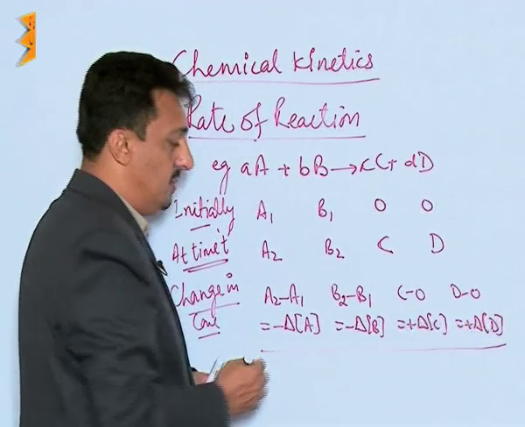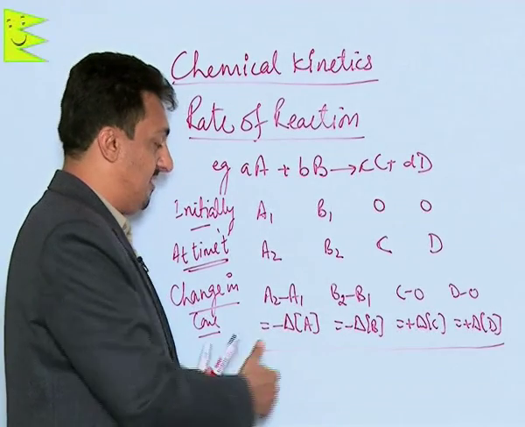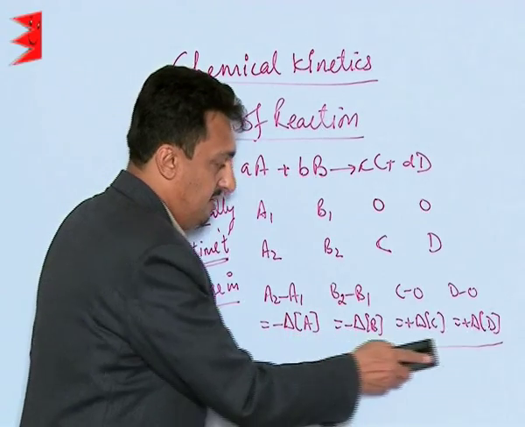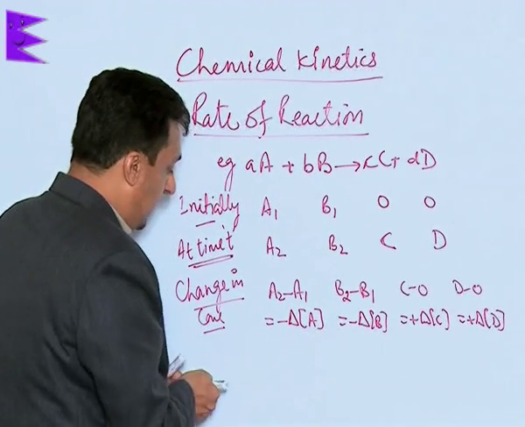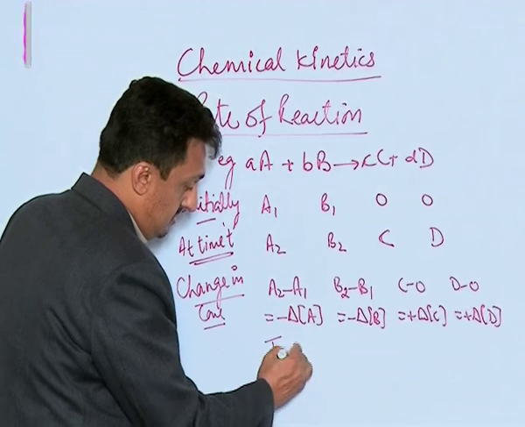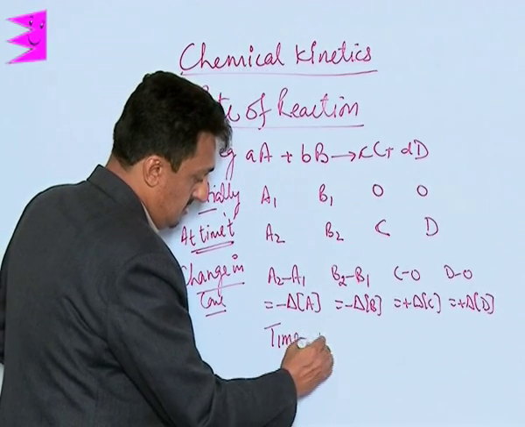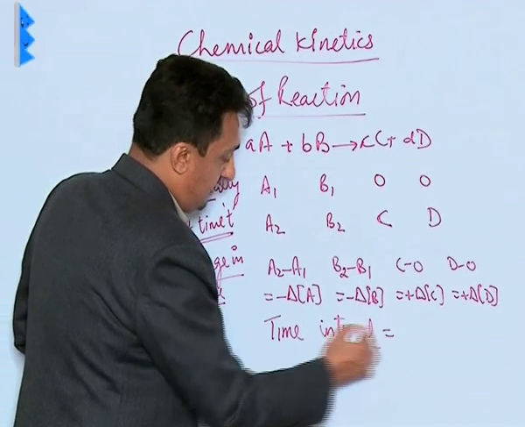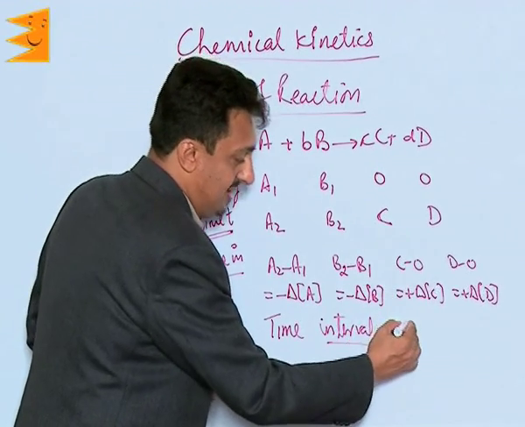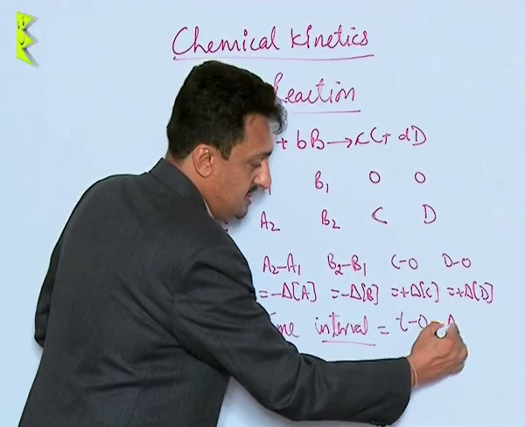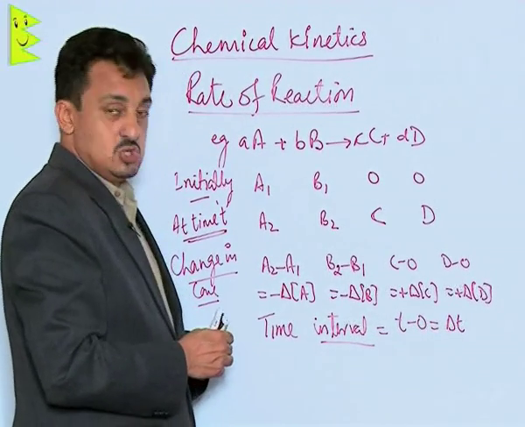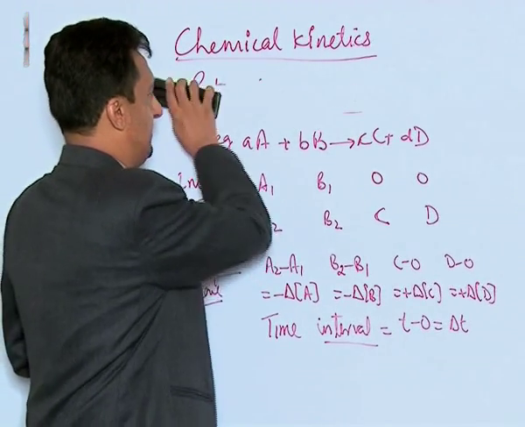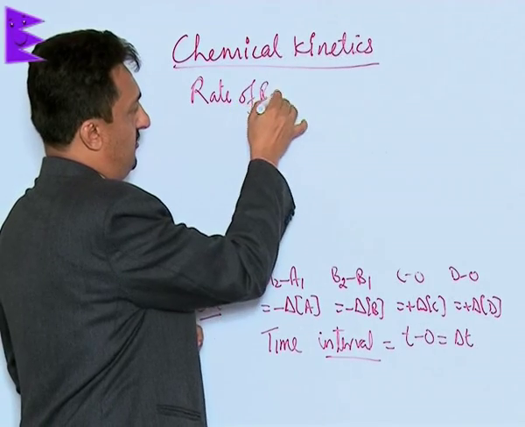So this is how we can represent the change in the concentrations of either A or B or C or D. But again, we know the time interval in which this change in concentration has taken place is t minus 0, which we call delta t.